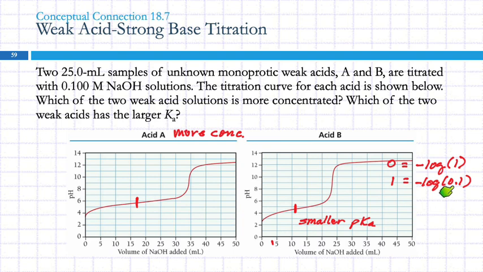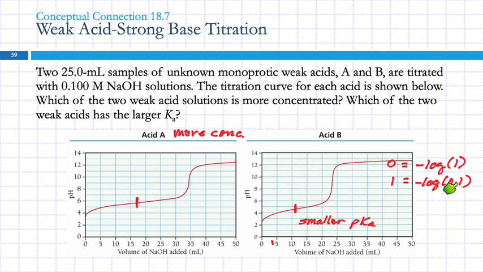Smaller Ka, larger pKa. Okay? That was way too many Ks, and that can be super confusing. But the reason is because of this negative here.